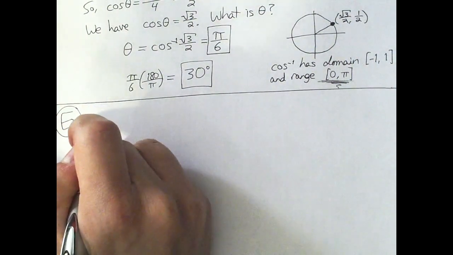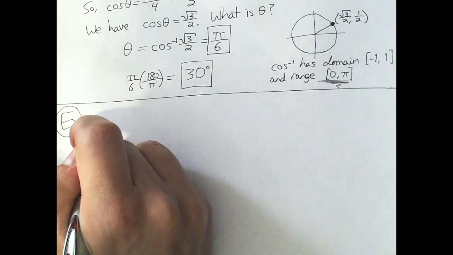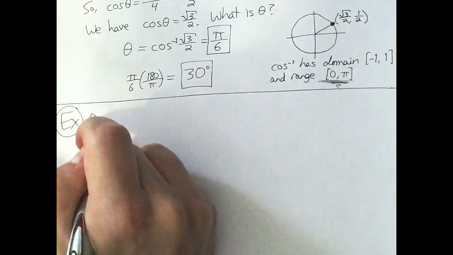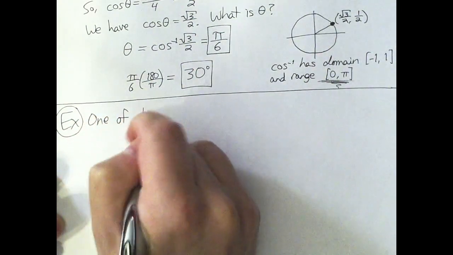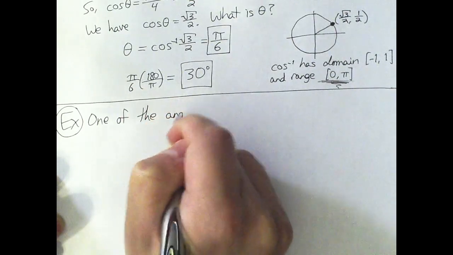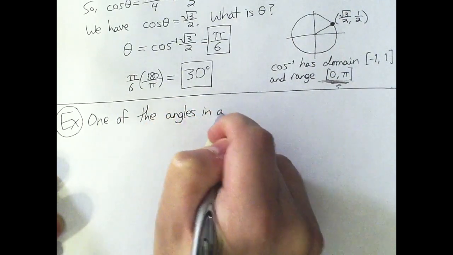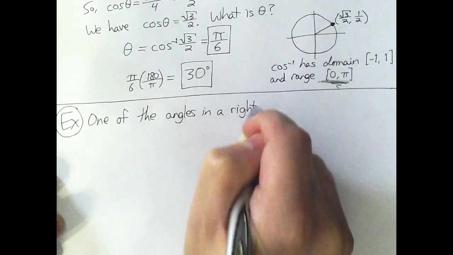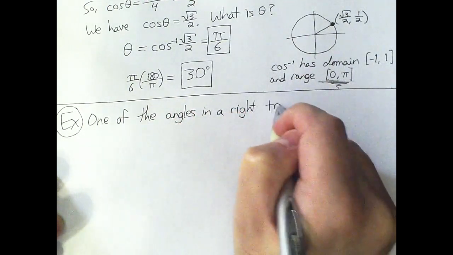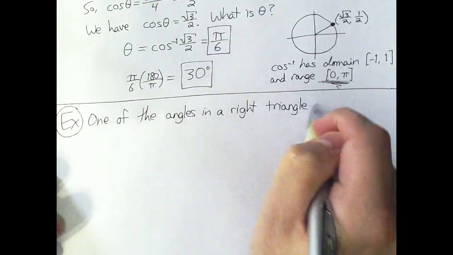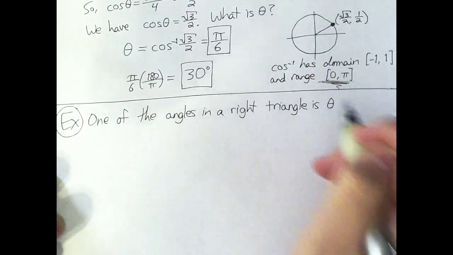Okay, here's another problem. Instead of giving us a picture, this one is just going to give us some sentences. This says, one of the angles in a right triangle is theta.